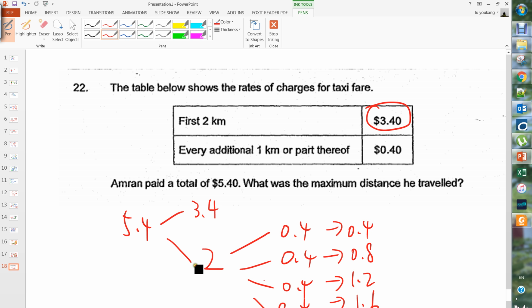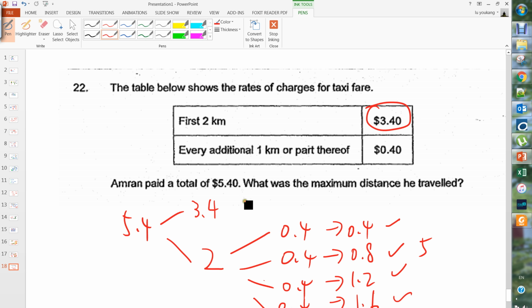Is it 2 already or not? Then you need to give one more. You give one more, is it 2 already? 1.6 plus. Yeah. Okay, so that means how many 0.4 you have? 1, 2, 5. So you have 5 of them.